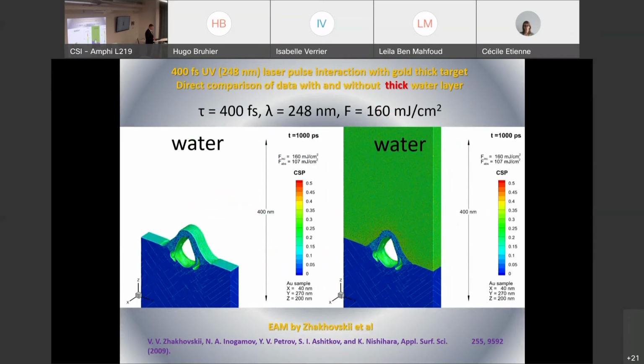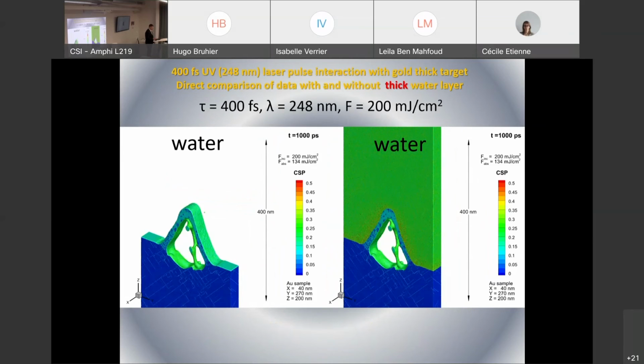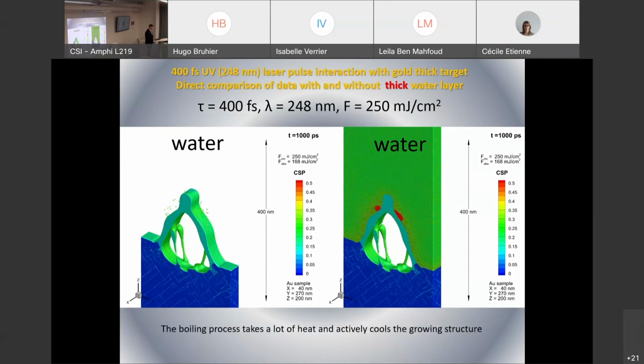We can study how the mechanism of nanostructure growth occurs in water. So the water is here as well, but we just don't show it, which allows us to have a visual analysis of the growing feature depending on the applied fluence. And here's the interesting result: you see the onset of the boiling process occurs exactly where predicted by thermodynamics, so where the largest contact area occurs.